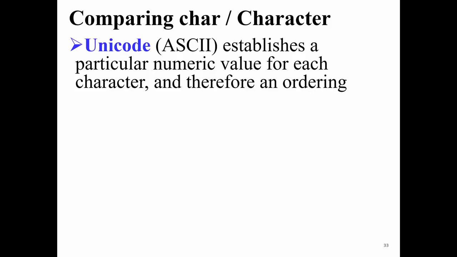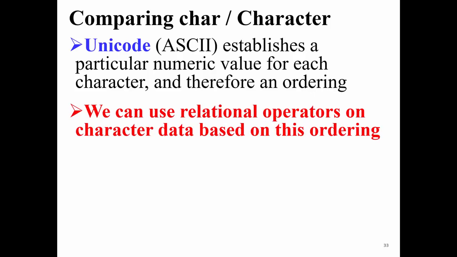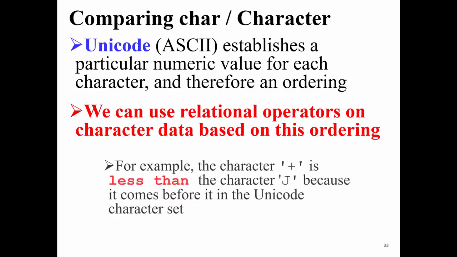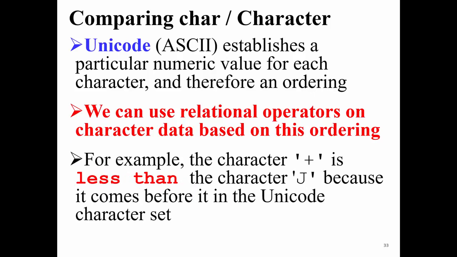So the character is actually represented inside the computer as an integer value, not really as a character like A or P. So we can use the relational operators with characters because they are represented as integer values. We can ask if this character is greater than that character, or less than that character. We can use all these operations because they are just like numbers.